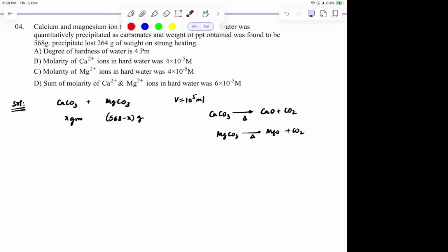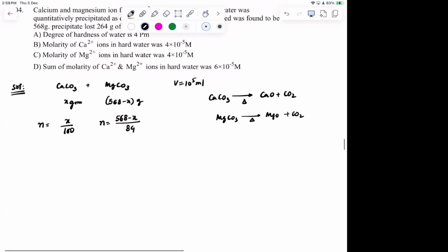See, if I write in terms of moles, it is x by 100, and the number of moles here is 568 minus x by the molar mass. Molar mass here is 84. These are the number of moles. Now 1 mole is losing 1 mole of carbon dioxide, and this is also losing 1 mole of carbon dioxide.